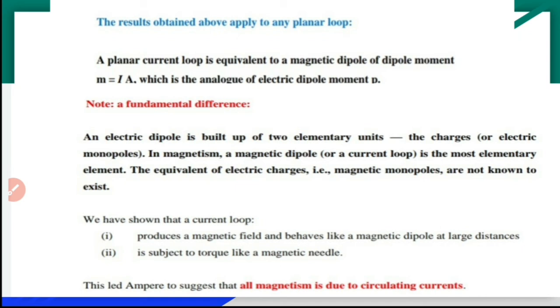That was under the assumption that magnetism is a natural phenomenon, and the real cause behind magnetism was not known at that time. So just like electrostatics, magnetostatics also evolved. But later, when Ampere suggested that the cause behind all magnetism is circulating current, it was understood that the presence of electrons in materials and the circulation of those electrons produces magnetic moment, and the alignment of magnetic moment in one particular direction makes some objects permanent magnets.